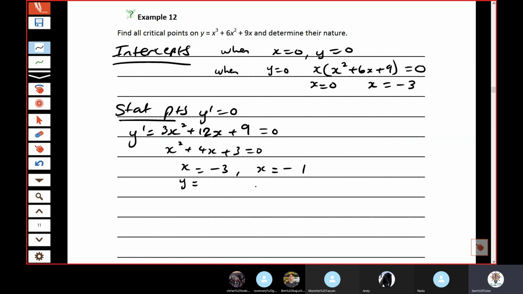Underneath it, I usually write y equals. Where do we sub it in? Original. Negative 3 cubed plus 6 negative 3 squared plus 9 negative 3 is 0. Oh, there you go. So it's stationary and it's an intercept. Cool. Which I think you guys understand what that's doing.